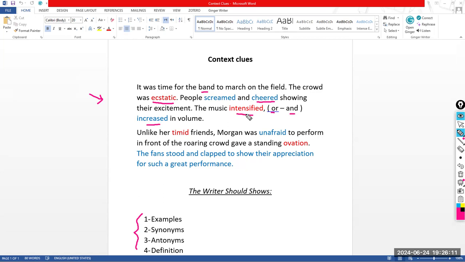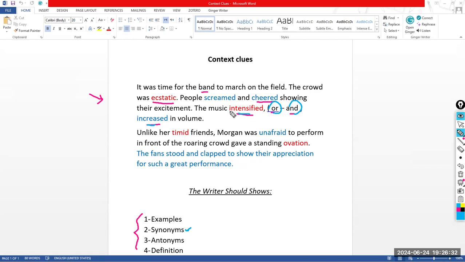Maybe you don't know the meaning of intensified. Because you don't know the meaning of intensified, notice how the writer used what? Synonyms. The synonym of intensified is what? Increased, absolutely. And notice how he used or maybe and.